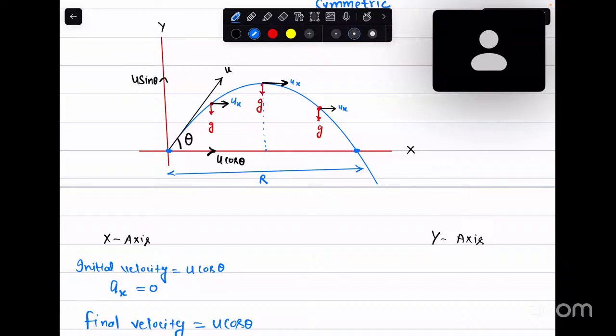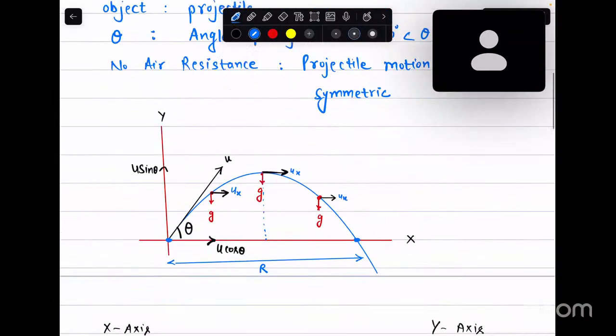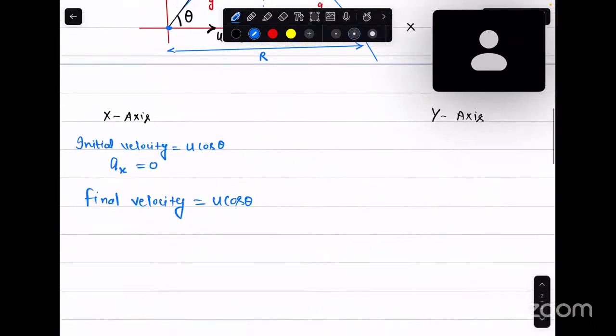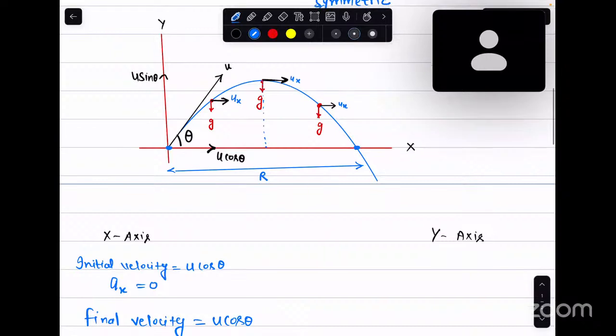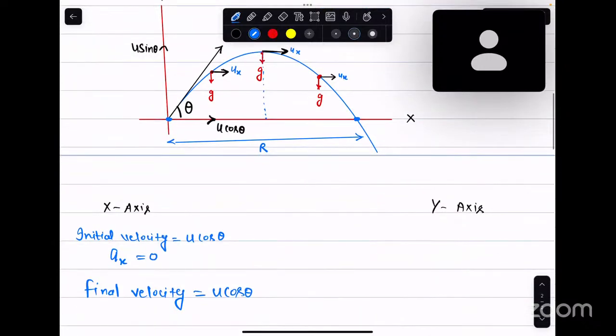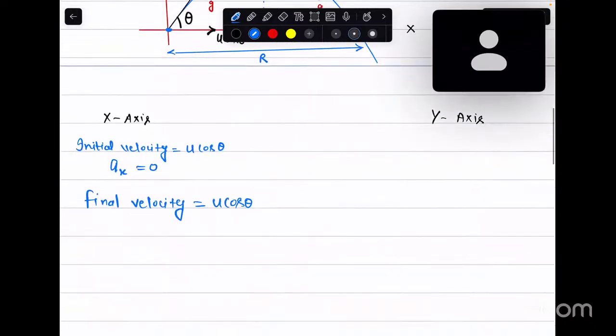Understood? So remember, at the peak point, vertical velocity is 0 and we have only horizontal velocity. Understood? Any doubt? Yes.